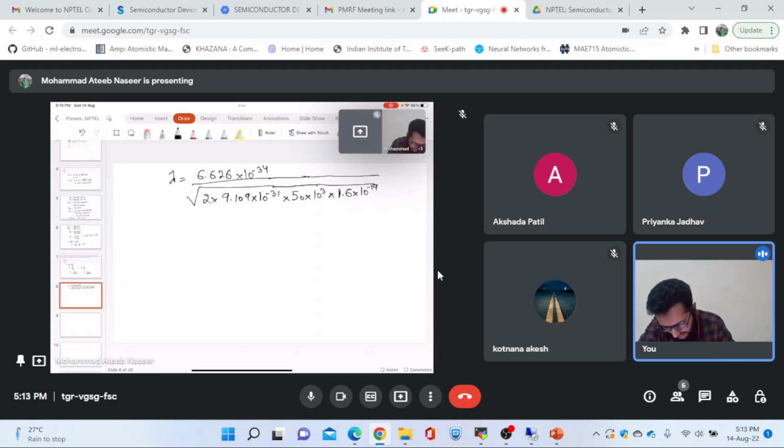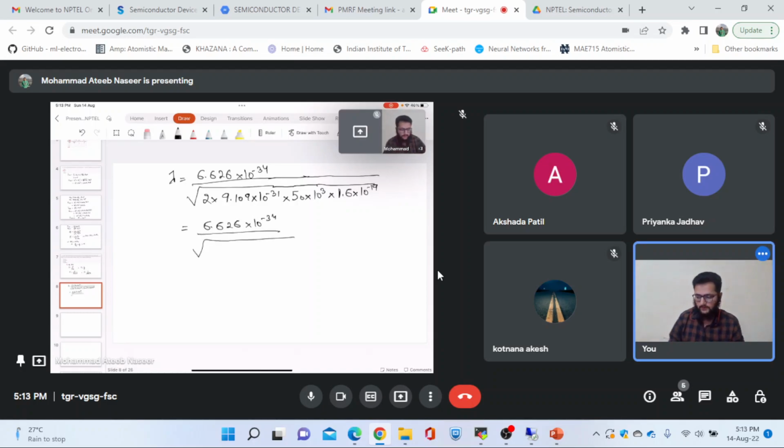So if we now evaluate, this will simply be 6.626 into 10 raised power minus 34, and in the numerator we will be left with 2 into 9.109 into 1.6, it will be equal to 145.744 into 10 raised power minus 46.